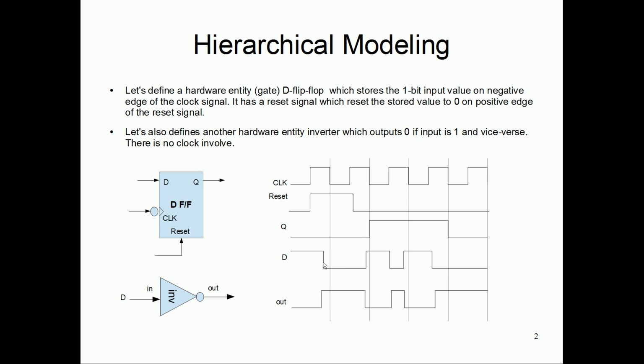Whenever the input changes, the output reflects the change of that input. So this is a combinatorial circuit, and we define that entity as an inverter because it is negating the logic at the input gate.